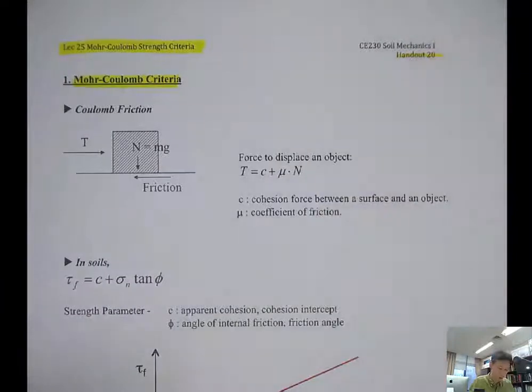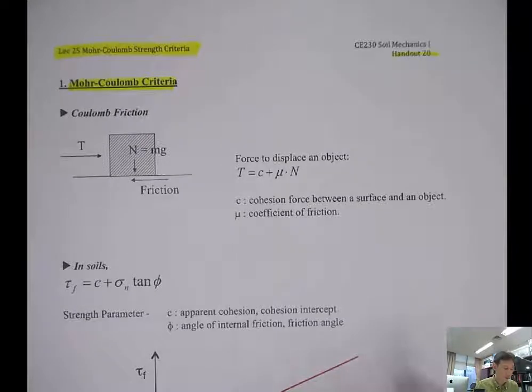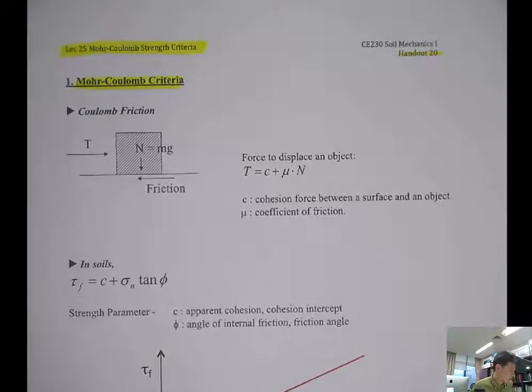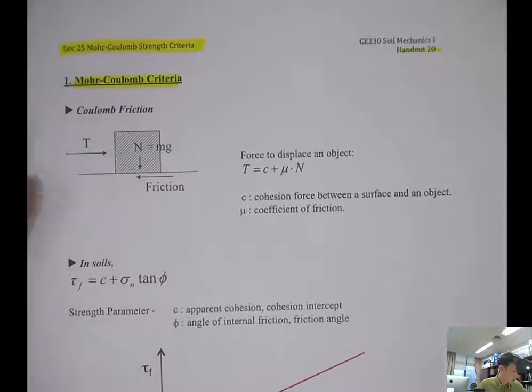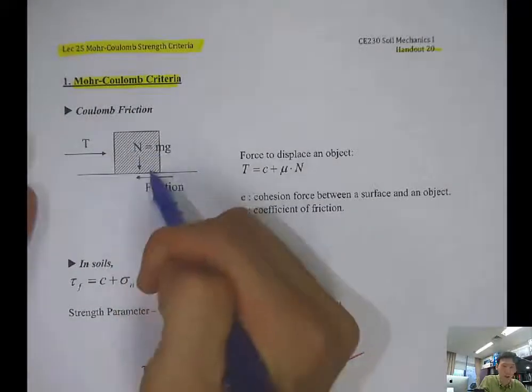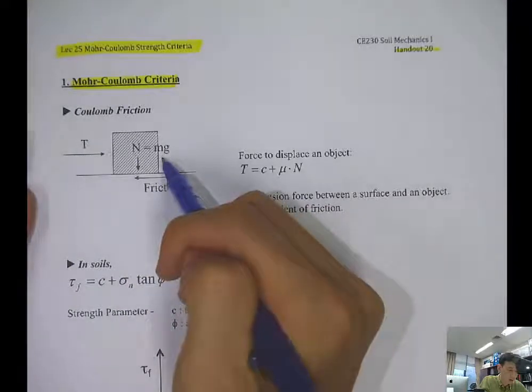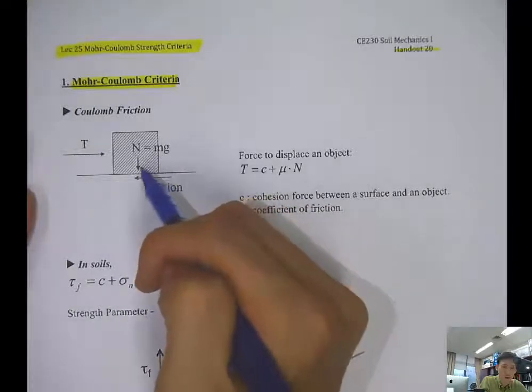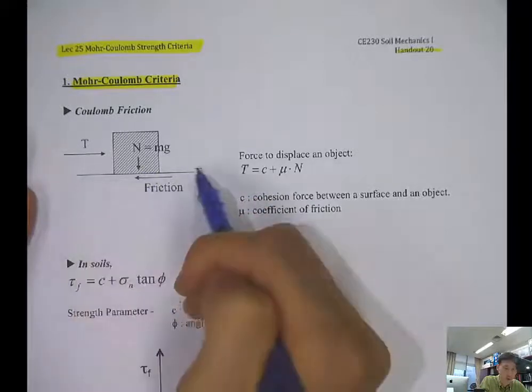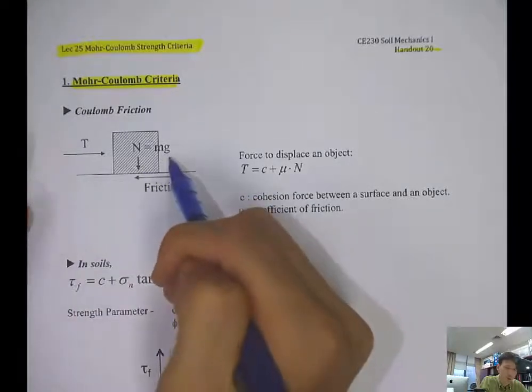So the Coulomb friction law is a physical concept that you will be very familiar with from high school physics. If there's an object having a mass m, it will have a normal force acting on the surface, which is m times g.